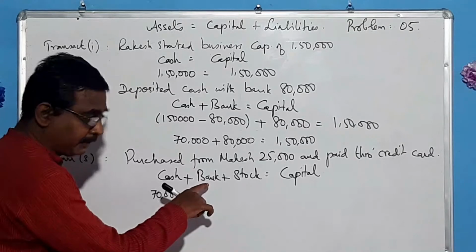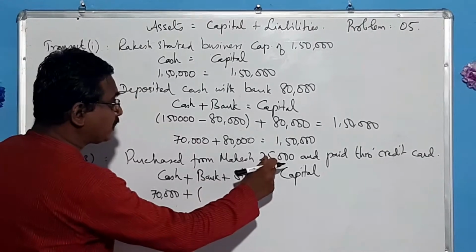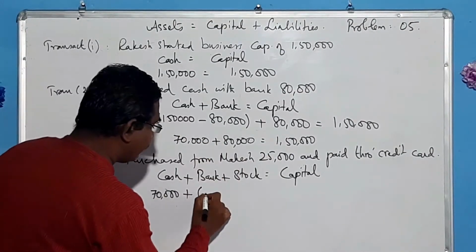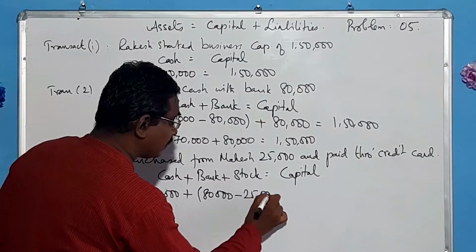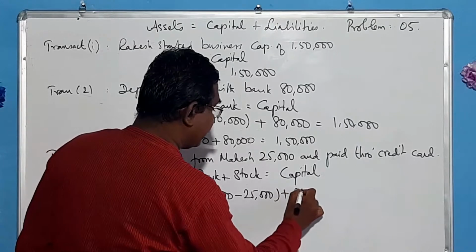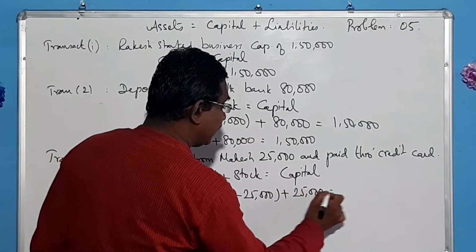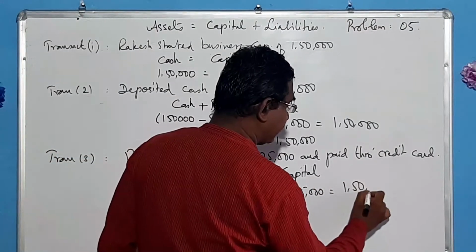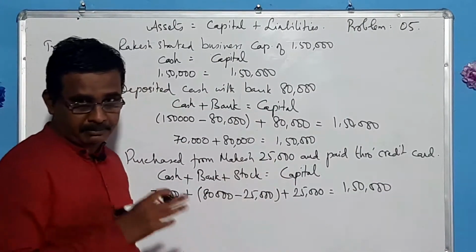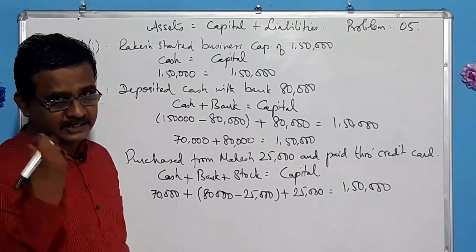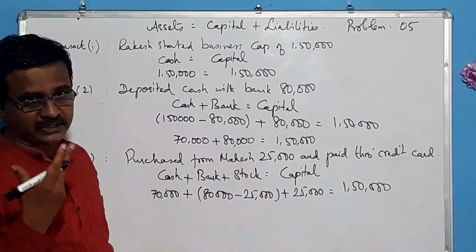In the bank amount, that 25,000 should be subtracted from 80,000. Subtract that 25,000 and we get stock 25,000. There is no change in the capital. Why don't we have any change in the capital? Because there is no income, there is no profit, there is no expense, there is no loss.